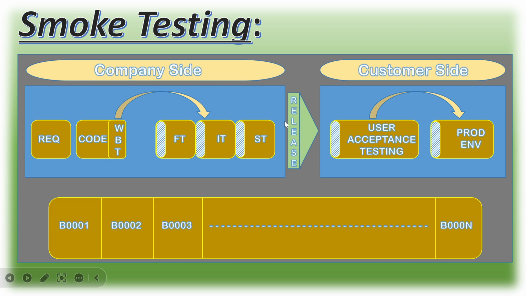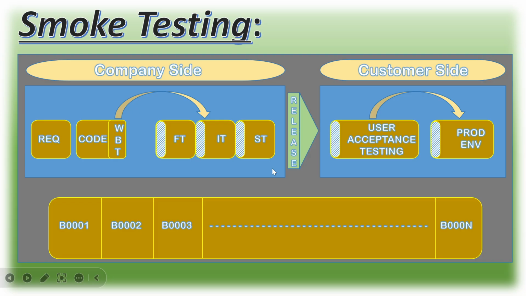Once it is released to the customer end, the customer side will also perform the smoke testing before proceeding with the UAT phase. So they will do the smoke testing, then the user acceptance testing, and after that, once the same build is installed into the production environment, obviously they have to complete the smoke testing again, and only then can they check the application in the production environment.